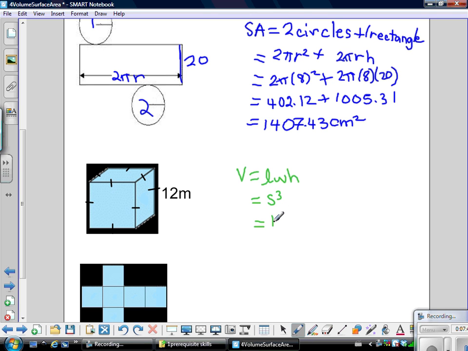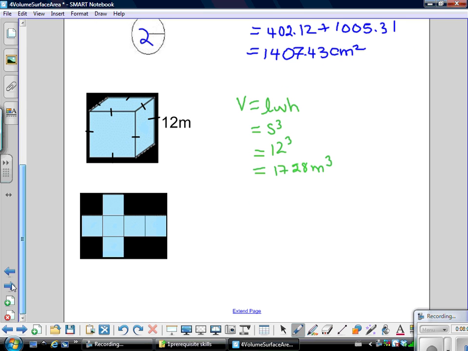We're going to substitute our 12 in there, so it's going to be 12 cubed. Out comes our calculator again, and we end up with 1,728, and it's going to be meters cubed. So it's actually pretty easy for a cube.